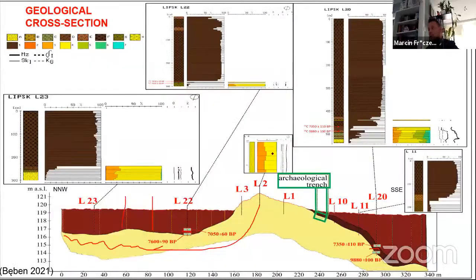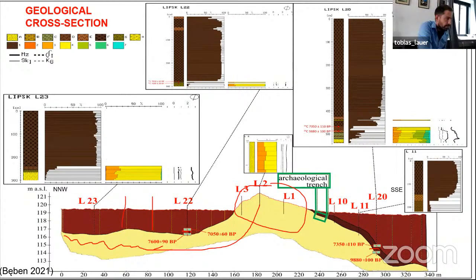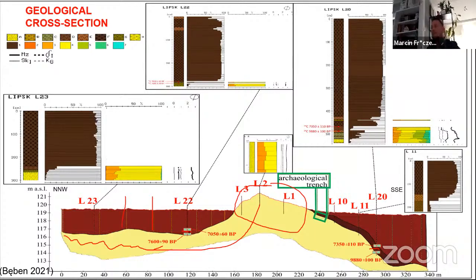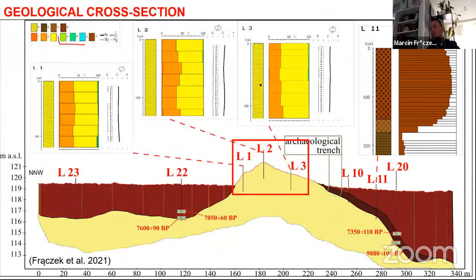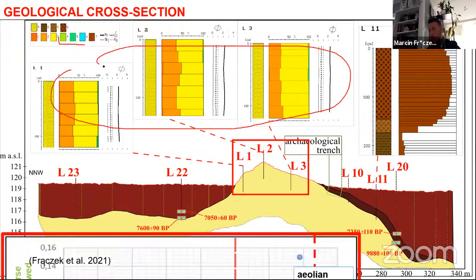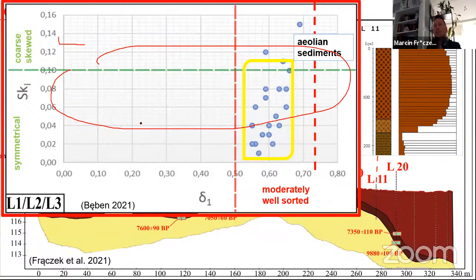Okay, so when we are dealing with this elevation between this C14 date and the next one, this is the Aeolian activity. It's a very small amount of sands. It's visible here, and when we compare those sands with sands from those boreholes, the measurements were almost the same, so we are dealing with almost the same sediments.